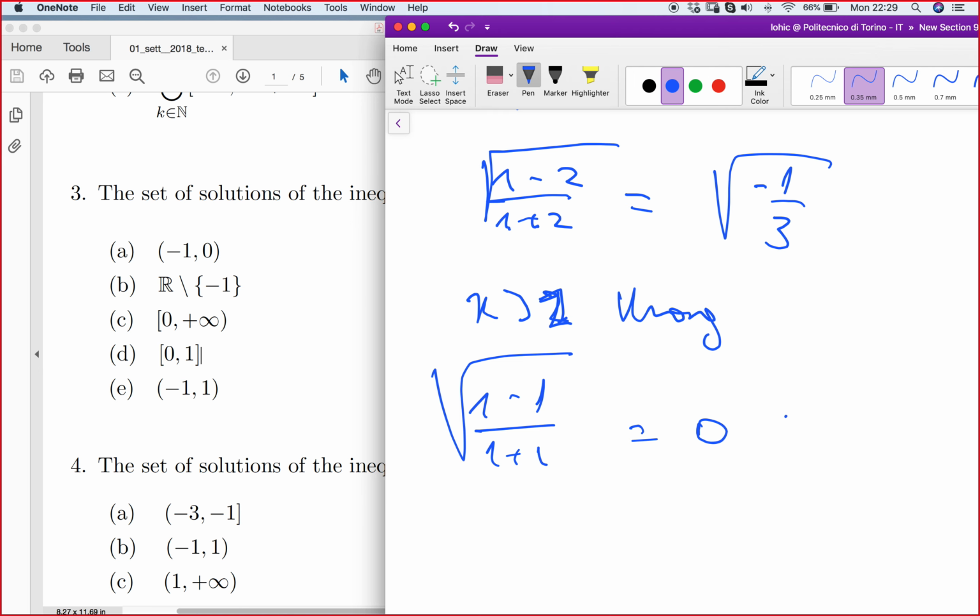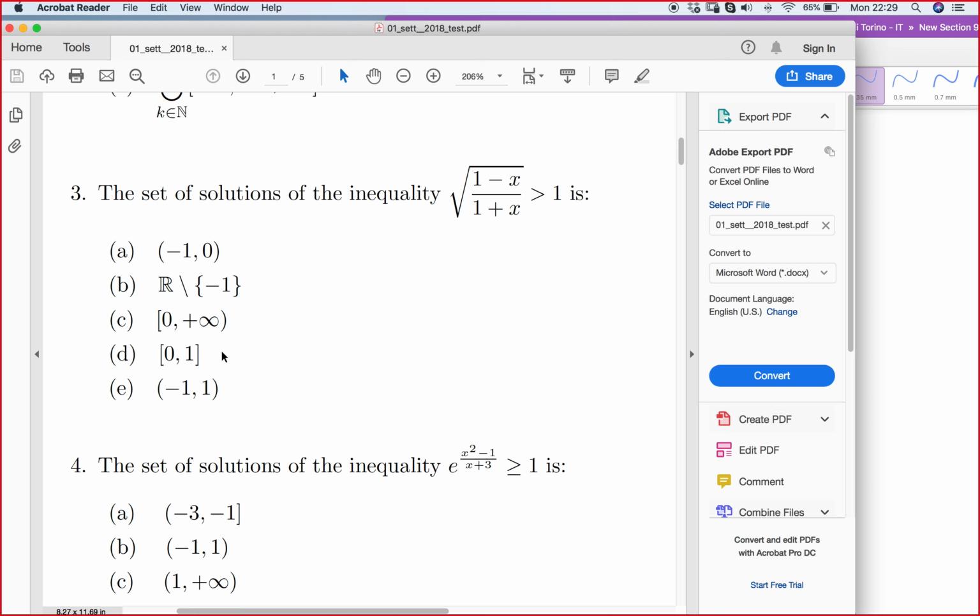I have that 0 is greater than 1, which is false. It means the inequality is not satisfied at 1. Thus, the solution should not contain 1. So D is wrong. Now we remain with A and E.